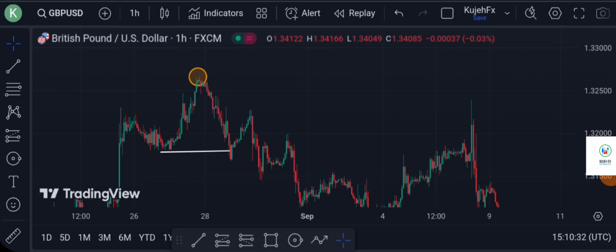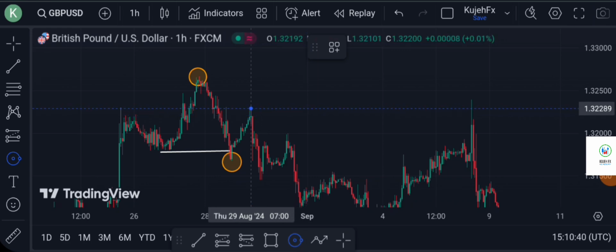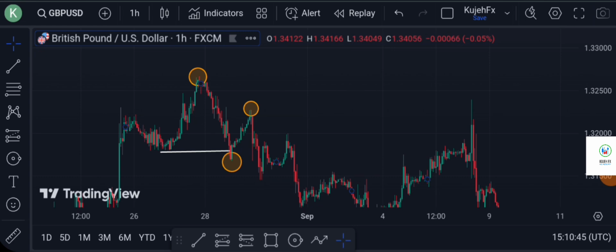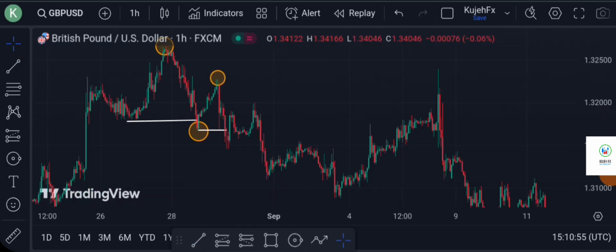So what then happens? The market creates a lower low here, right? Then goes back up to create what? A lower high here. The market now came down, breaks the lower low that it created, making it what? A break of structure, telling you that the market wants to continue its trend downwards.